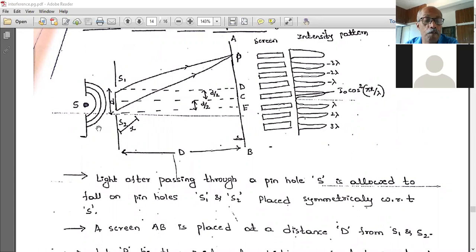These are the primary wavefronts. When they fall on S1 and S2, they generate secondary spherical wavelets.